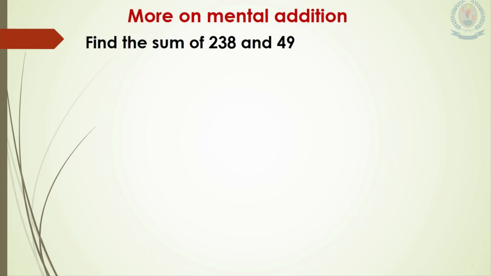More on mental addition. Let's find the sum of 238 and 49. 49 is closer to 50. So, let's arrange the number bond to make 50 first, because it's easier for us to work with multiples of tens. 49 plus 1 make 50.